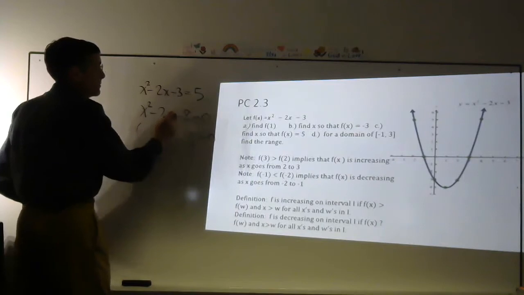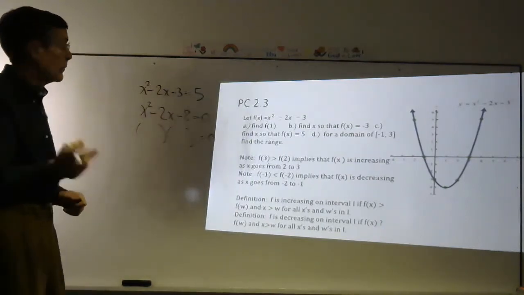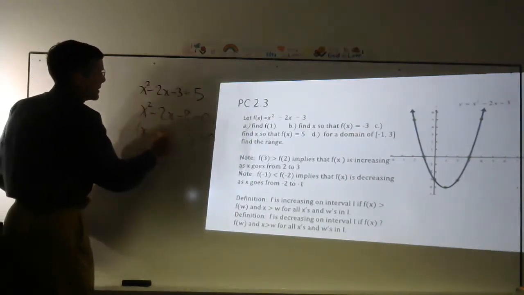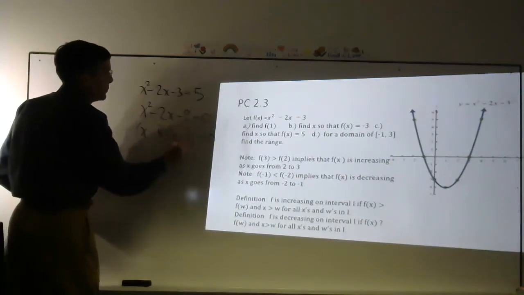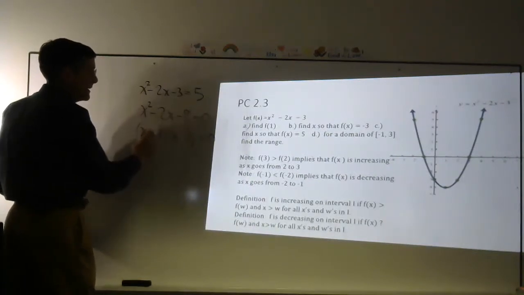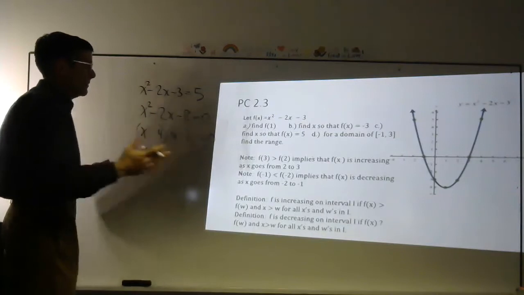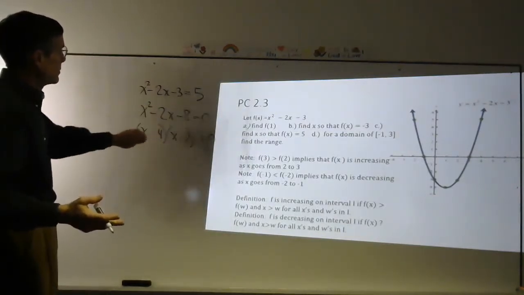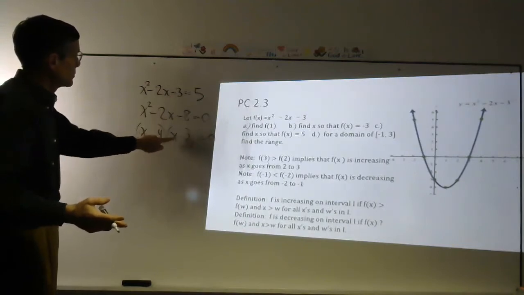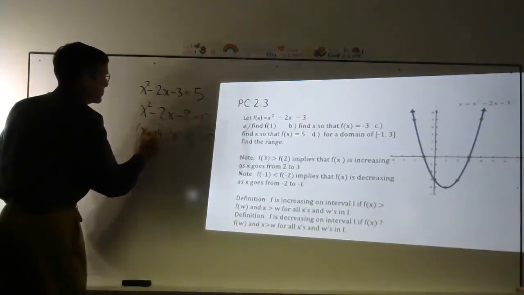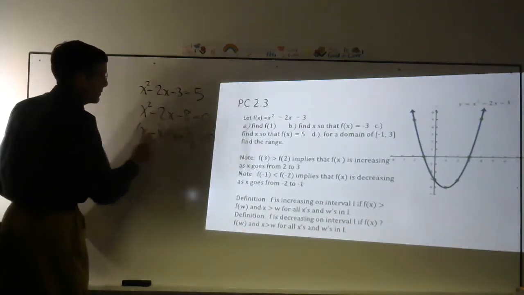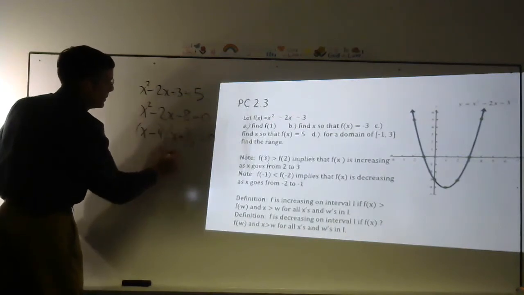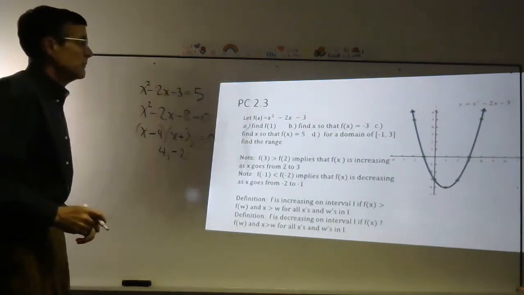Factors of 8 that subtract to give you 2: 4 and 2, yeah. x, 4, 2. To get a -8, one of these has to be positive, one negative. So go to this sign, it goes to the bigger one. And would you agree the inners are bigger than the outers? So negative, positive. Set each one equal to 0, you get 4 or -2.